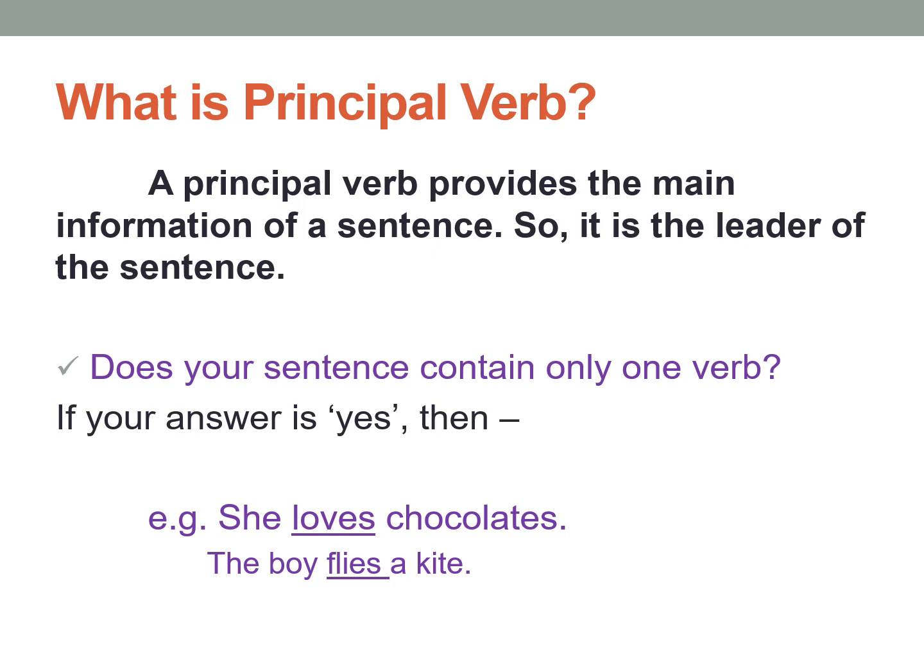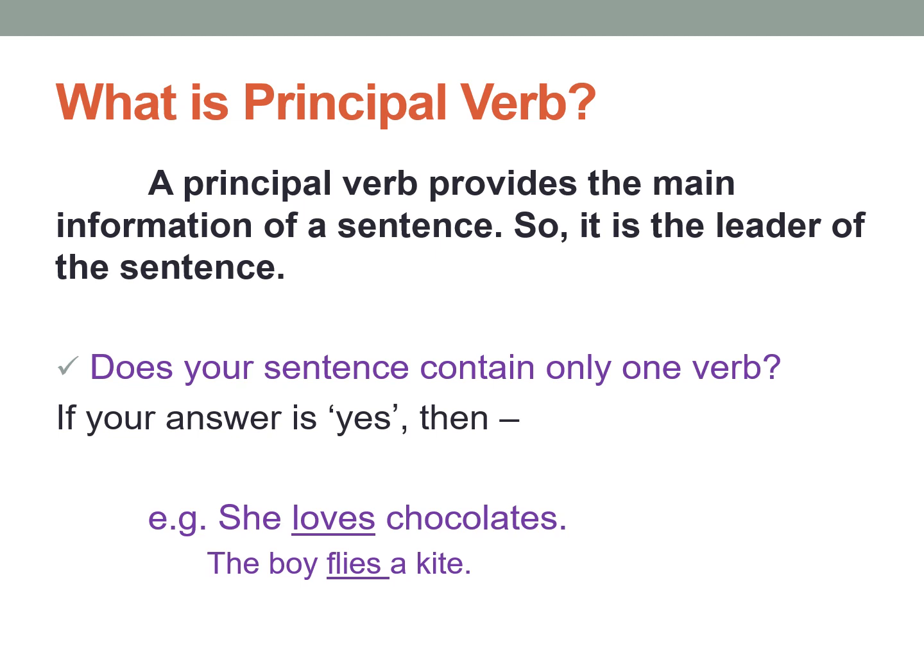That means flies is the principal verb in this sentence, and both of these verbs change according to the tense, subject, and that is why we have used s with love, because she is third person and singular number and the tense is present indefinite tense.